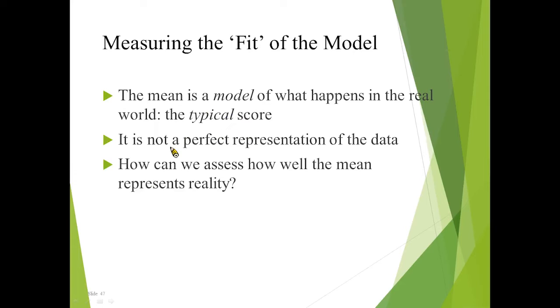A typical score is not a perfect representation of the data. How can we assess how well the mean represents reality? So this is why we do the research. We want to know the real world situation, and we choose a sample to do this research.